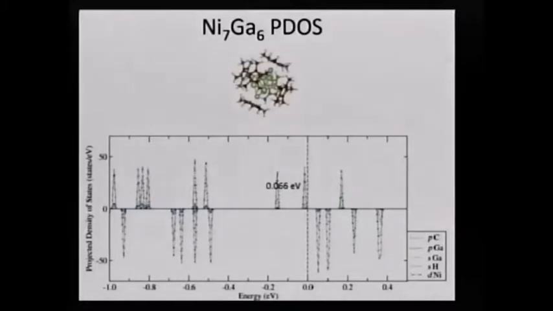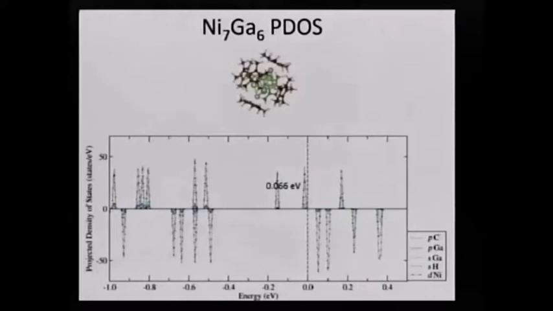This PDOS can suggest a completely different behavior in catalysis for nickel 7 gallium 6. This is important because exclusively in this kind of system, we have a free nickel atom on the surface of the cluster, free to bind.